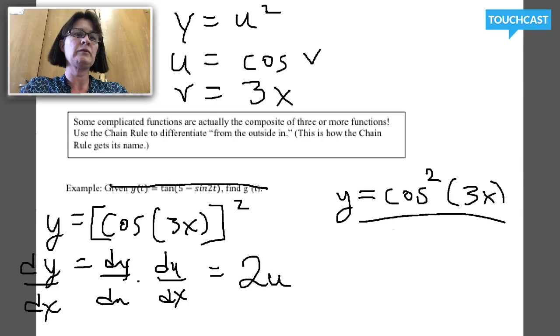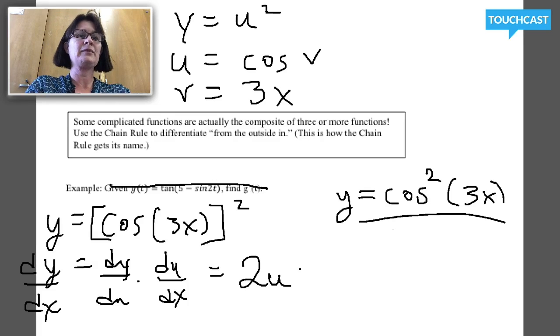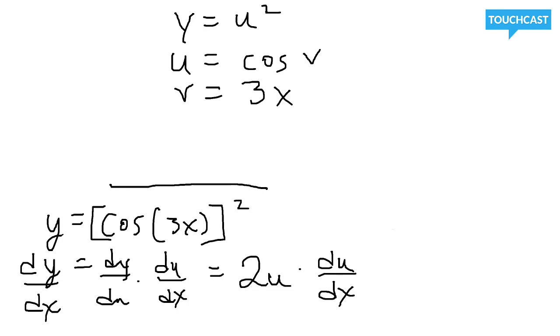It's 2u times, what's du/dx? I have a problem because u is not a function of x. So I'm going to write du/dx. And then I'm going to give myself a little bit of room, and I'm going to try to figure out what du/dx is.